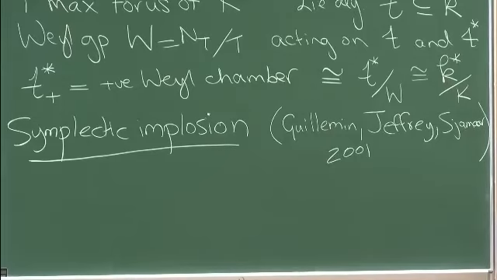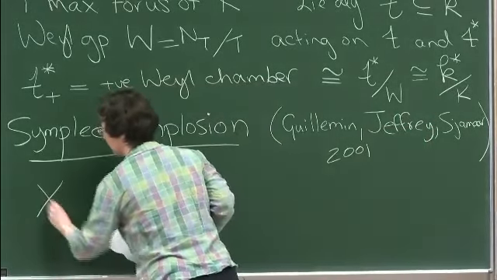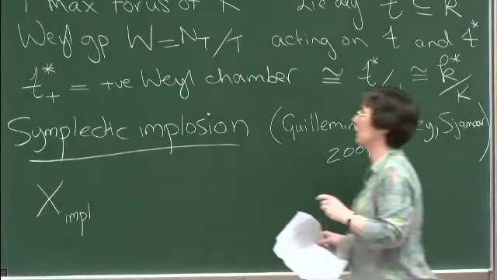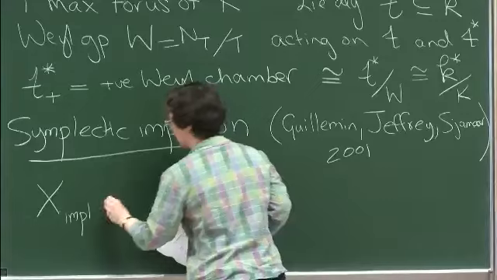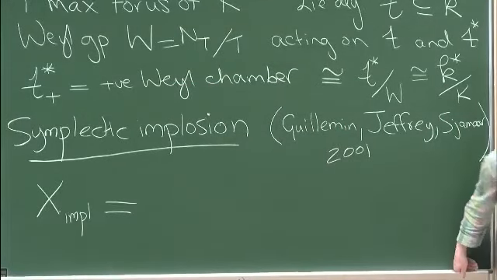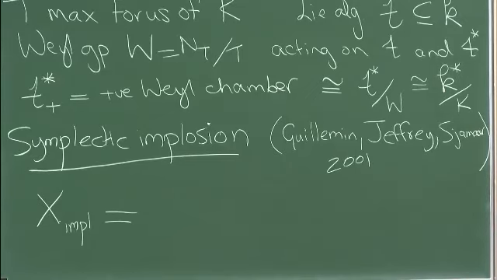What they look at is what they call the imploded cross-section of X. This is something which, like the symplectic reduction, has an induced symplectic structure on it.